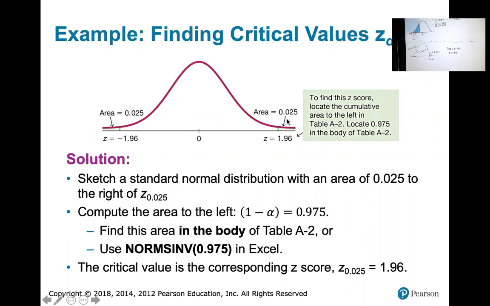So the area in the tails is always the same if these z values have the same absolute value but opposite signs. So the area to the left of a negative z-score is equal to the area to the right of a positive z-score, as long as they have the same absolute value. And that's all because of symmetry.